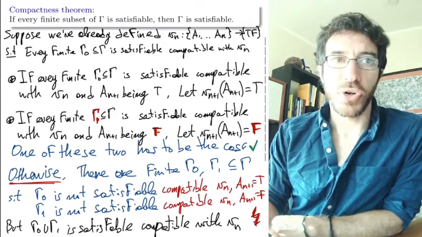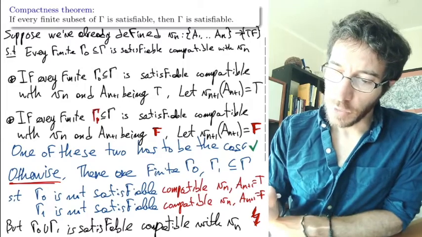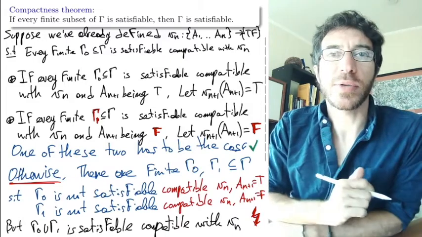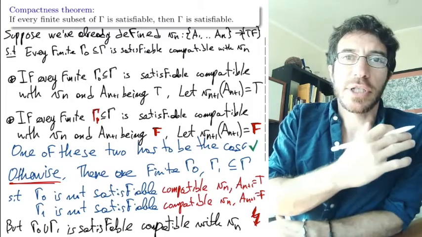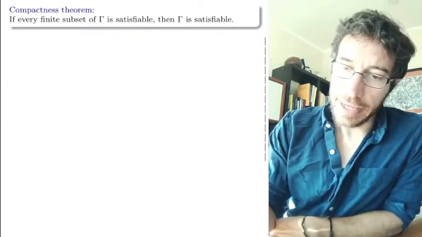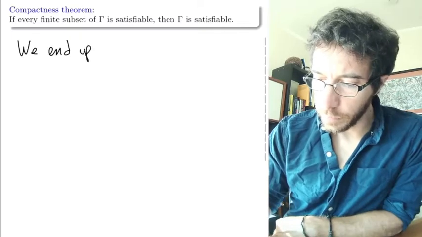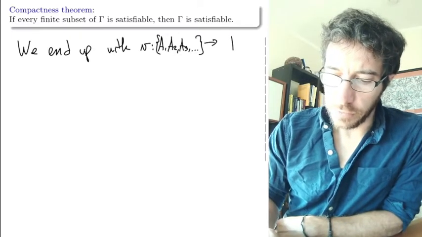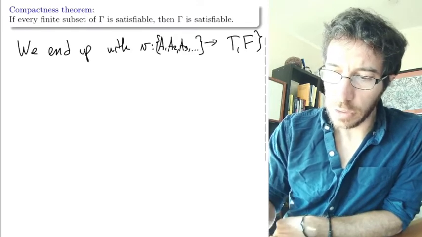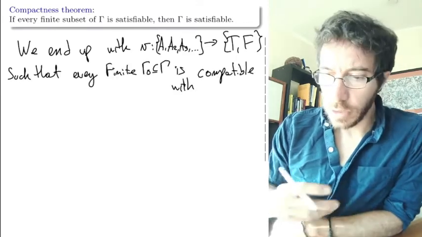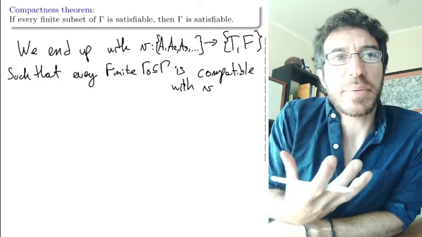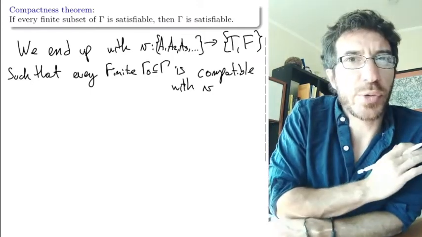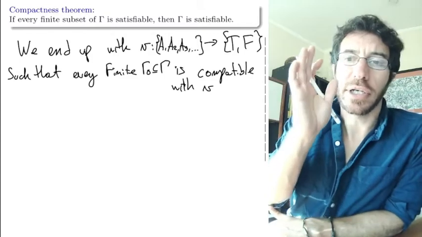Okay, so either we can extend to let An plus 1 be true, or we can extend to let An plus 1 be false. So we keep on going like that, and we end up with a truth assignment defined on all variables. We went one by one through all variables, such that every finite subset of gamma is compatible with this particular truth assignment. But this truth assignment is telling you the truth value of every variable, right?